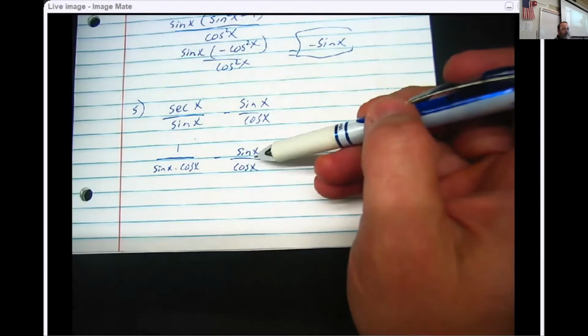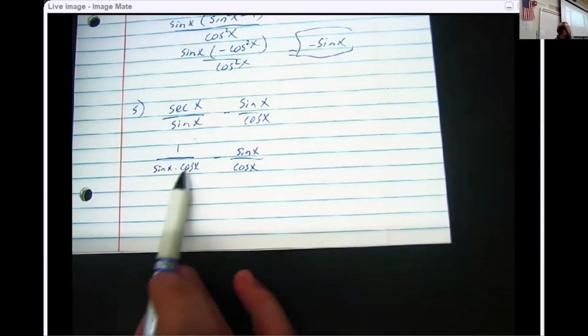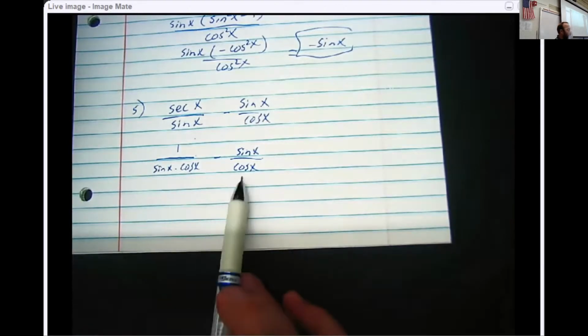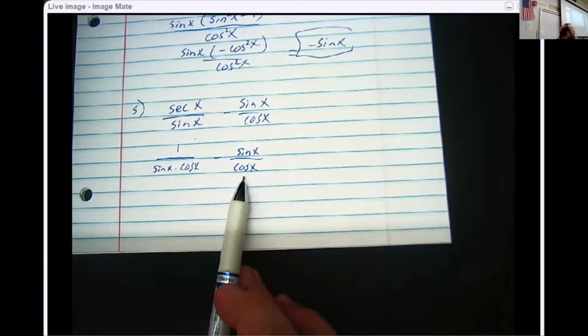Okay, who can help me out? What does this fraction over here need so that it has the same denominator as this one over here? What does it not have that this one does? This denominator has a sine and a cosine. This one just has a cosine. What does it need? It needs a sine.